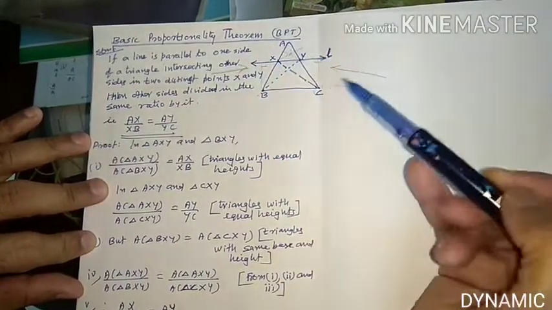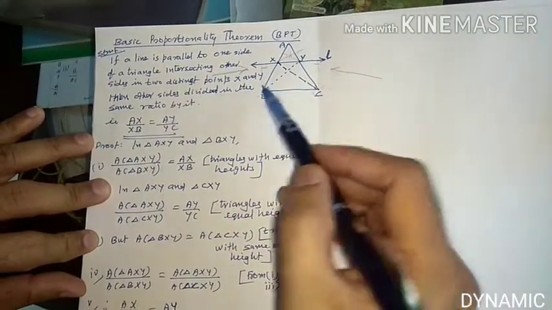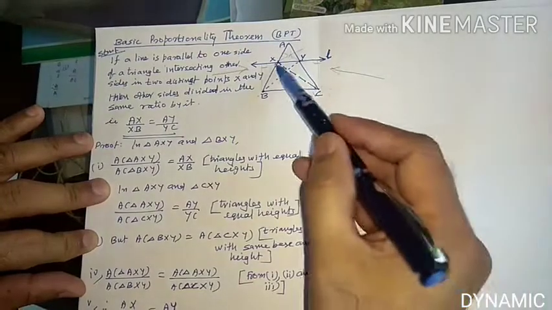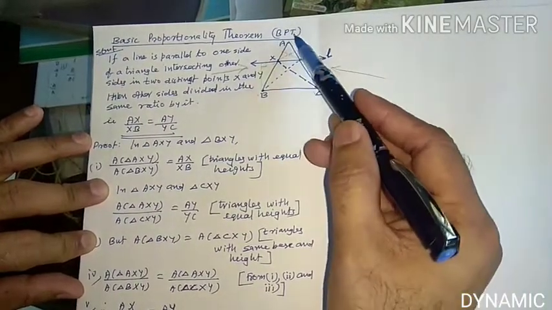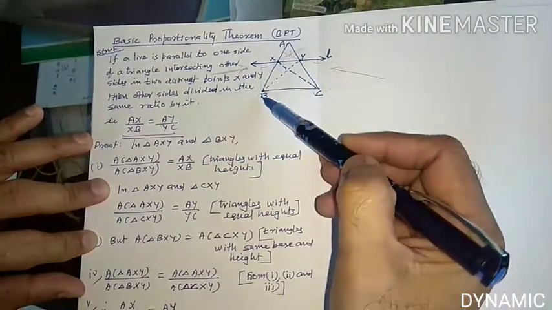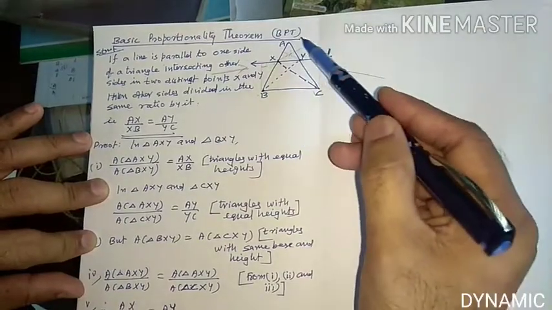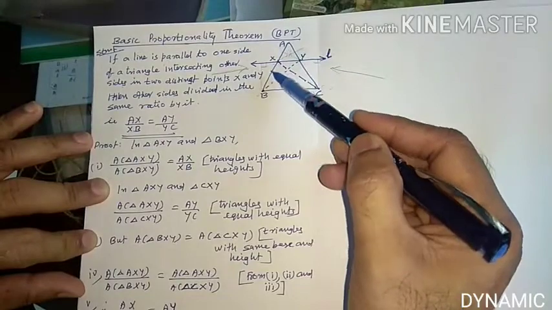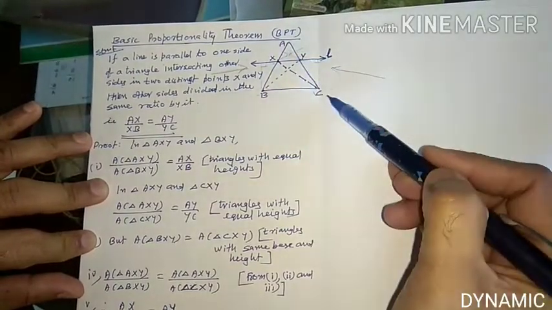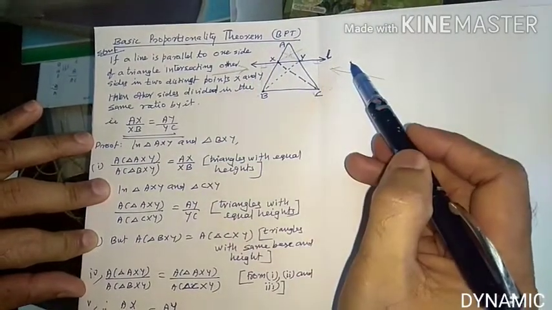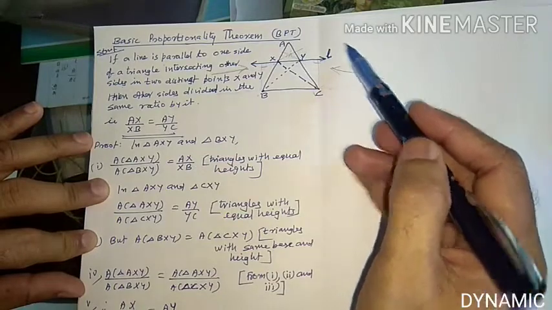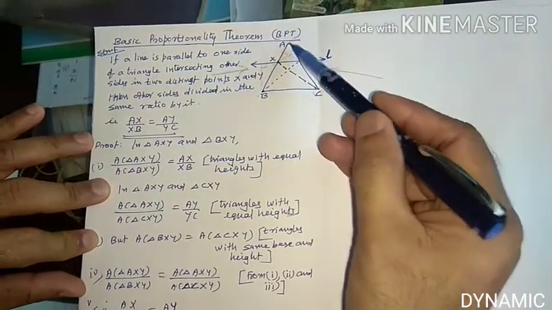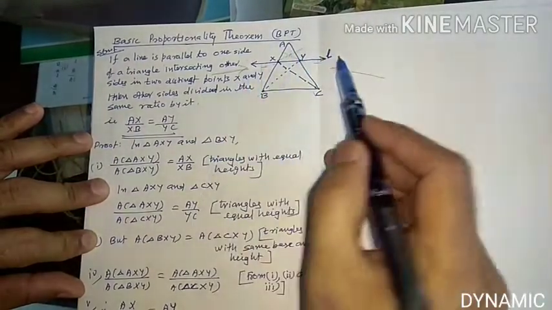It means the line drawn parallel to one side, intersecting the other two sides in two distinct points, then the ratio AX upon XB is equal to the other ratio AY upon YC. The converse statement is: if AX upon XB equals AY upon YC, then the line is parallel.